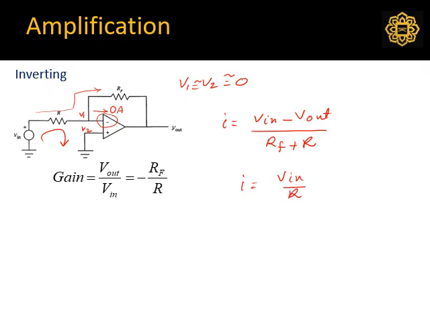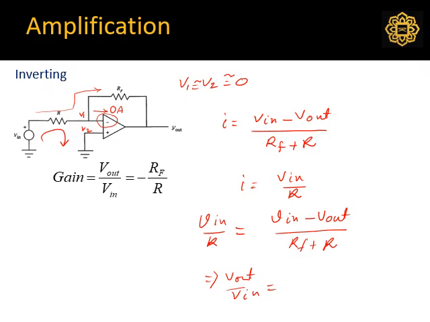If you combine these two equations, V in by R is equal to V in minus V out over RF plus R, which eventually gives you V out by V in equals minus RF by R. This is the inverting amplifier gain.